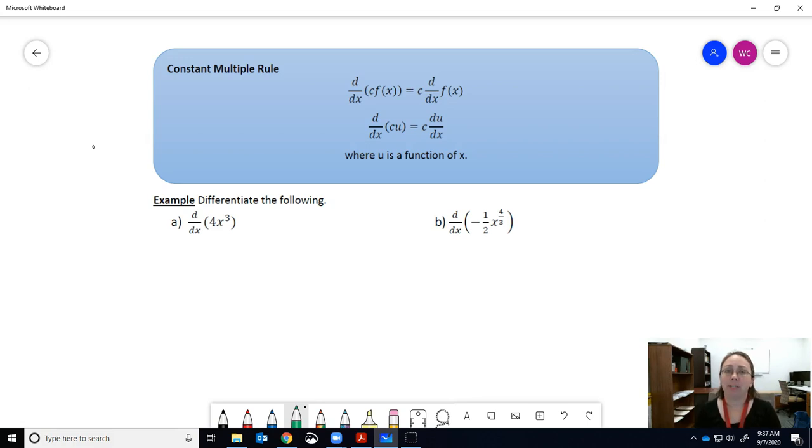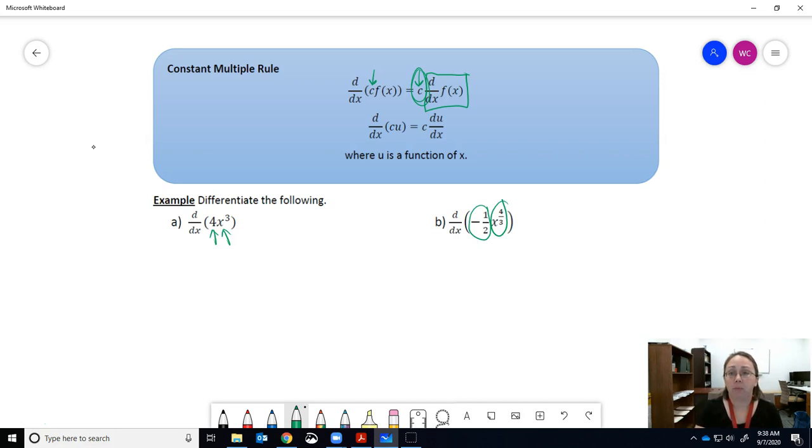This is kind of like what we talked about with limits. Basic idea, you have a number times a function. Whenever you have this situation, the constant multiple rule says, take that constant and just pull it out. Take the derivative of the function and then just multiply the derivative by the number.